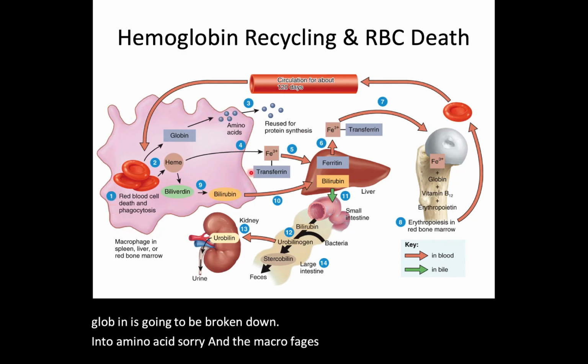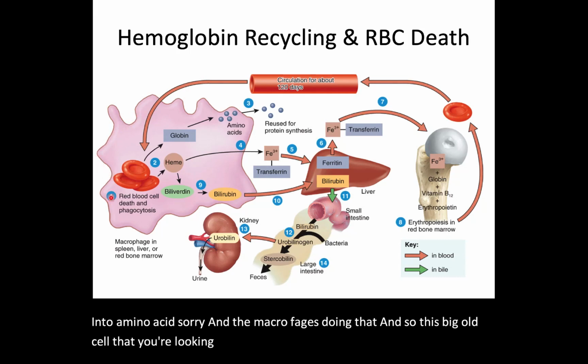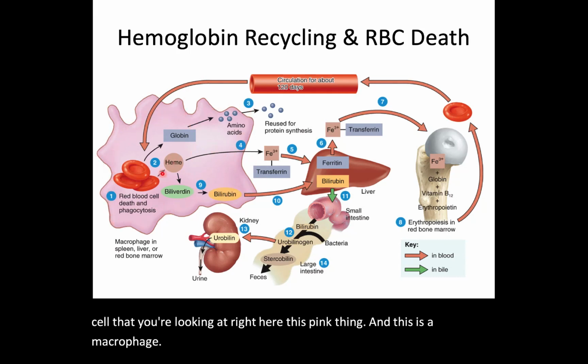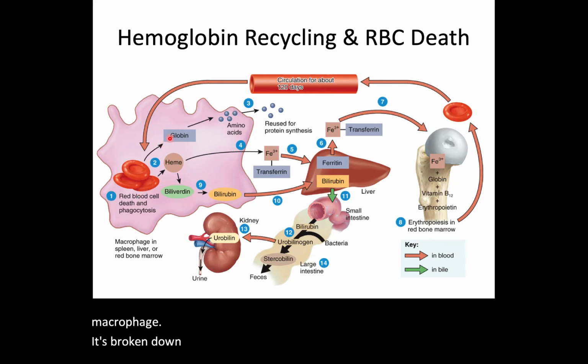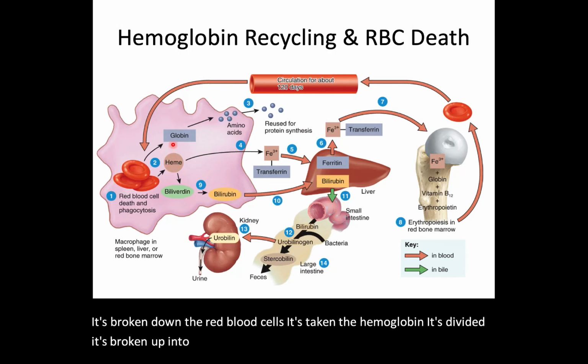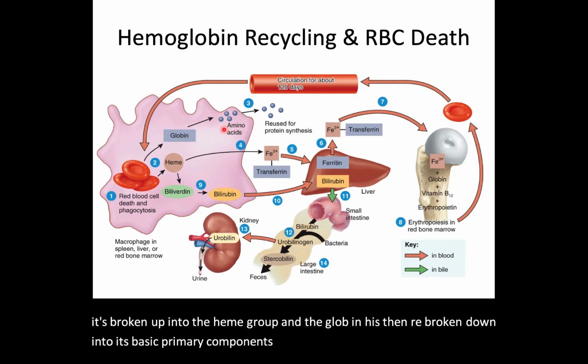This big cell that you're looking at right here, this pink thing, is a macrophage. It's broken down the red blood cells, taken the hemoglobin, divided it into the heme group and the globin, and the globin is then broken down into its basic primary components, its amino acids.